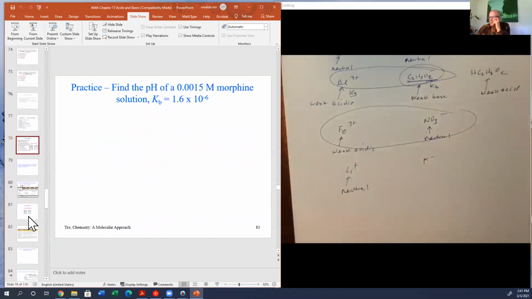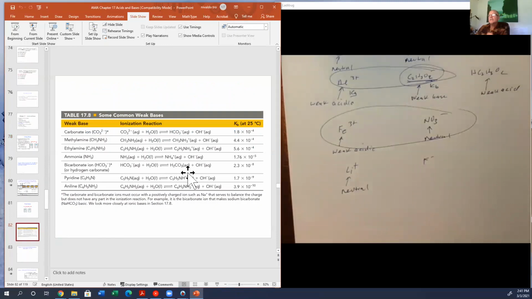Whew. All right. This is the table of some weak bases, okay? And you want to identify them in a couple of ways. If they have this nitrogen, right? So ammonia, ethylamine, methylamine. Notice they all have very similar structure. They're hydrocarbons with nitrogen, okay? So whenever you see a hydrocarbon with nitrogen, you know that's a weak base. The other important weak bases are the bicarbonate ion and the carbonate ion.